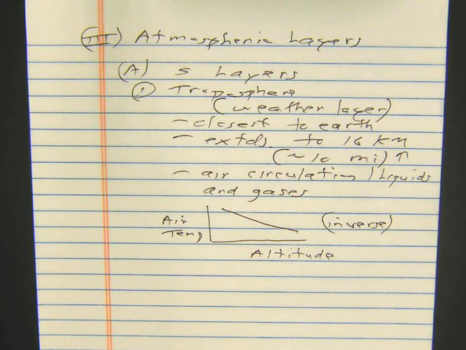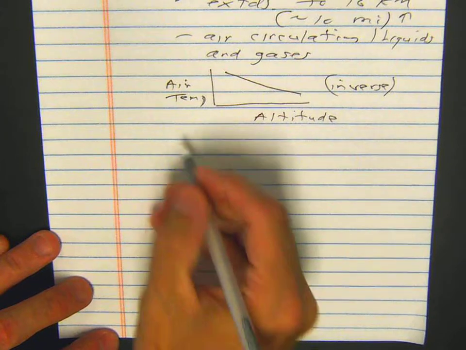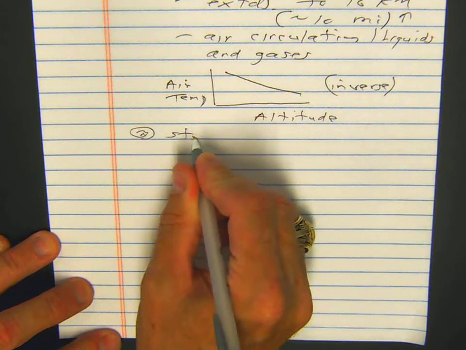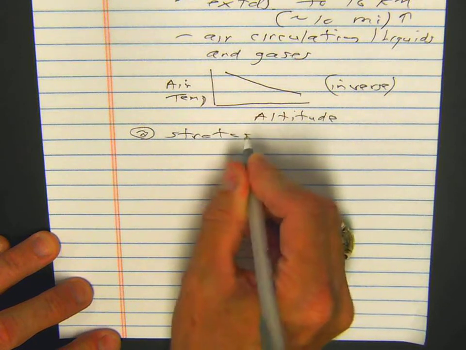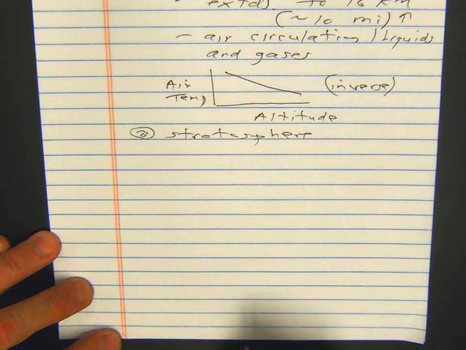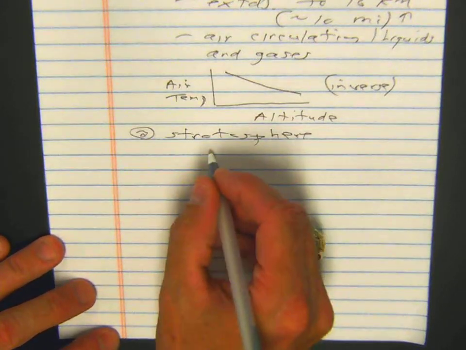All right, the next layer. The next one is called the stratosphere. The stratosphere is right above the troposphere.